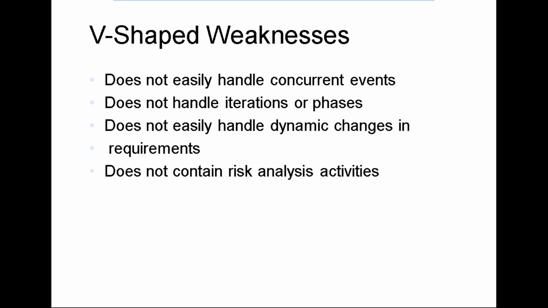Because these two are different entities, they don't have any direct relationship. That sort of easiness will not be given in the V model. Got it? So that's the disadvantage of the V model. And as with the waterfall model, it doesn't handle dynamic changes in the requirements.